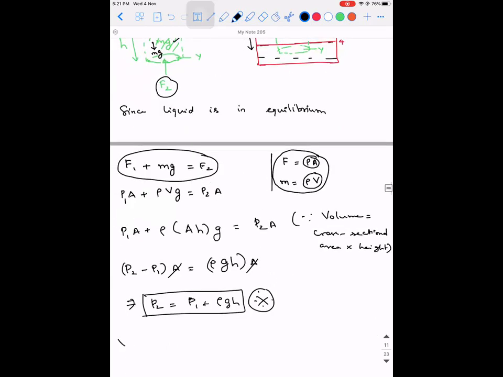This is also called variation of pressure with depth. As you keep going deep into the liquid, the pressure on you will start increasing.